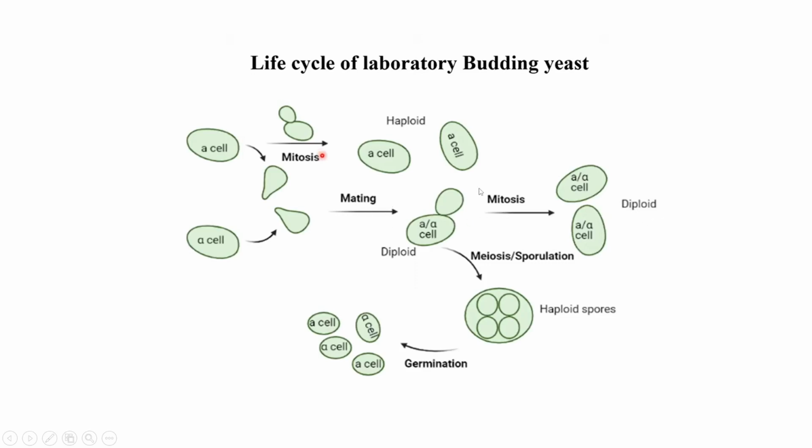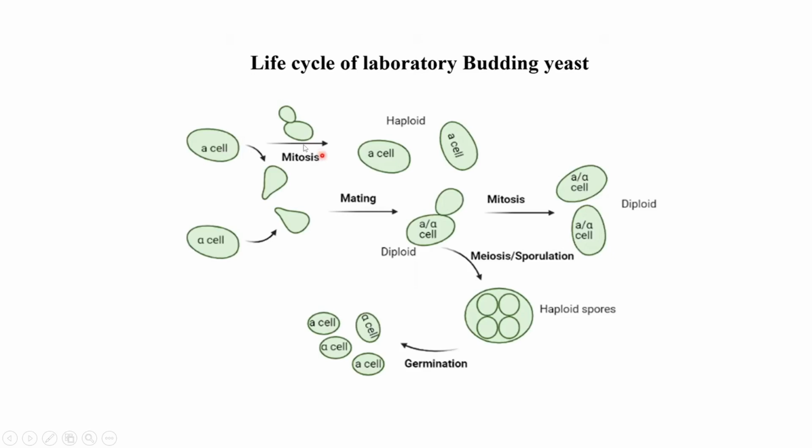So after the mating, if mitosis occurs, then it will promote the diploid organism, that is A and alpha. Whereas if the mating does not occur, then the single cell mitosis will promote the haploid cell formation. So as I told you, Saccharomyces cerevisiae can be present in both haploid and diploid conditions.